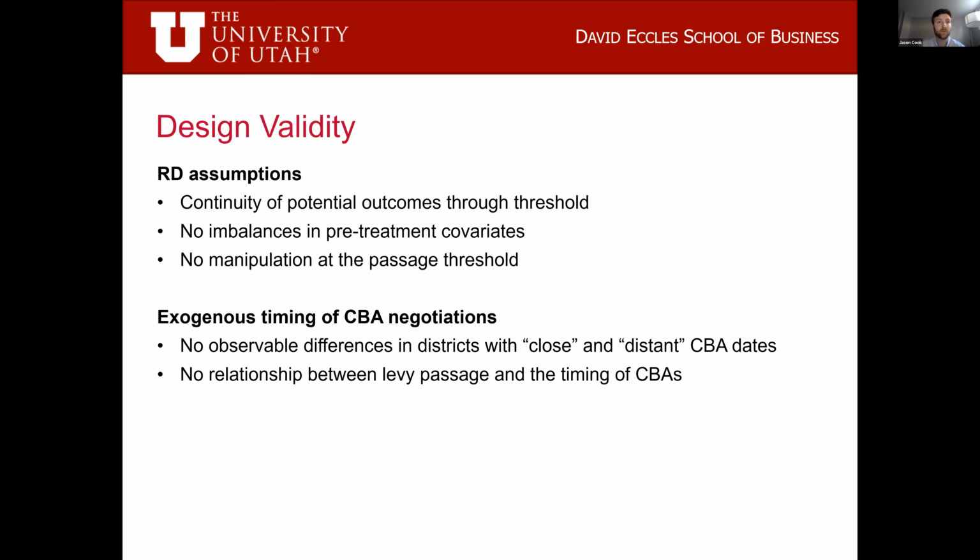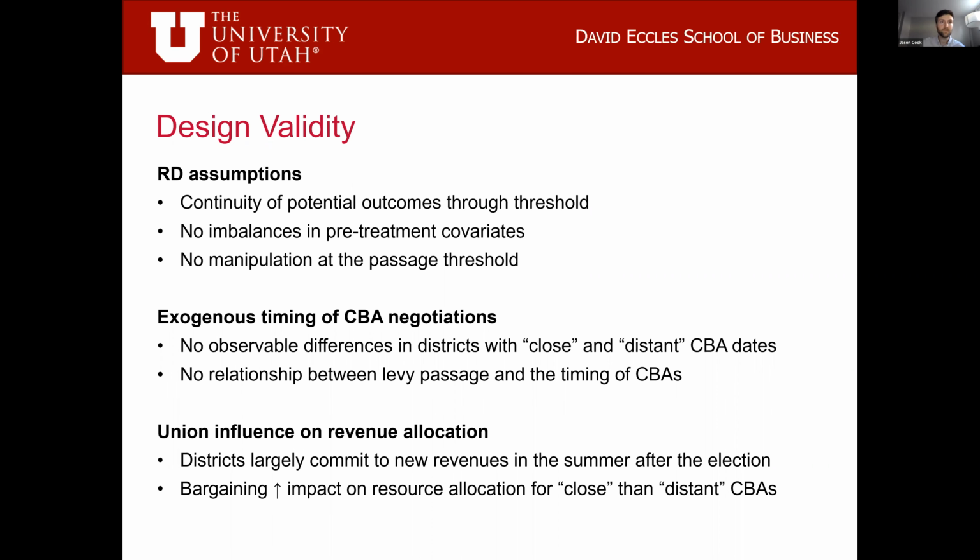So we don't see any observable differences between close and distant districts, which is what you'd expect if it was random. And there's no relationship between passing the levy and the timing of the next collective bargaining. You might think maybe the districts aren't gaming when they put something on the ballot relative to the next scheduled round, but maybe the unions push, you pass something, and they change when you're supposed to be scheduled. We don't see any evidence of that either.